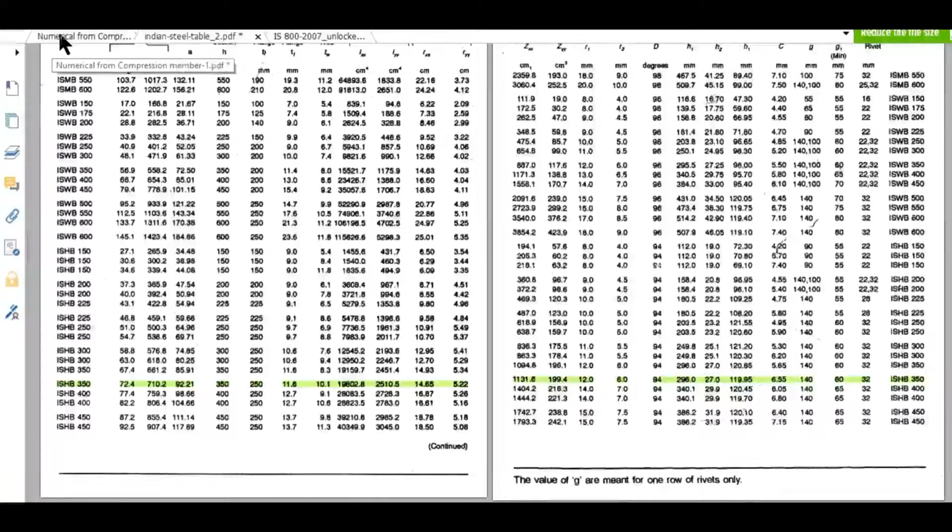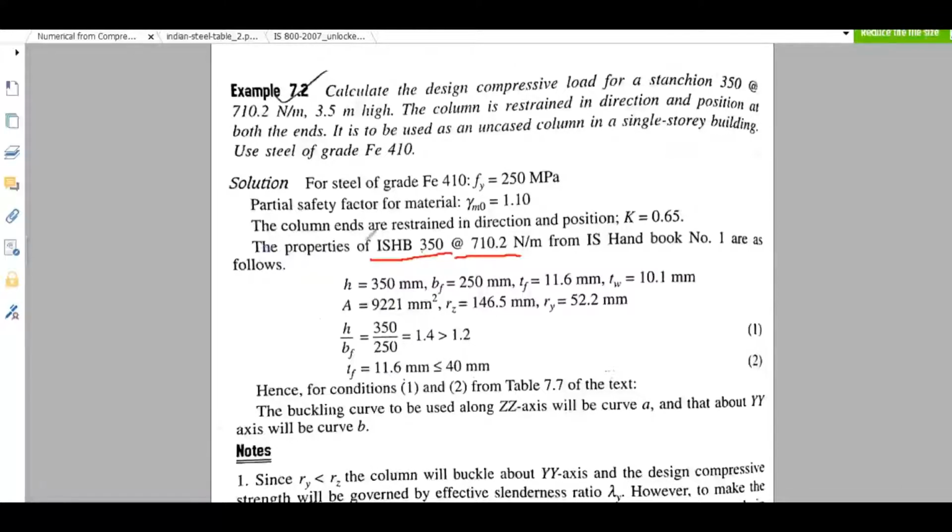Now let us go to the numerical. Here you can see the properties of ISHB 350 at the rate of 710.2 Newton per meter: h, bf, tf, tw, area, and radius of gyration. Why are these properties required? In the last video lecture you saw there are four different buckling curves, so to select a particular curve we need to classify the sections.